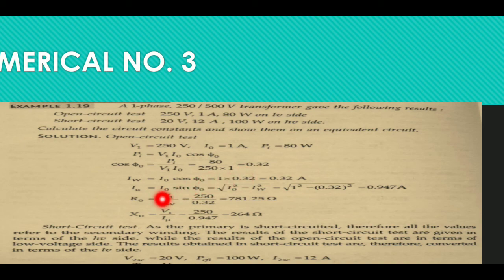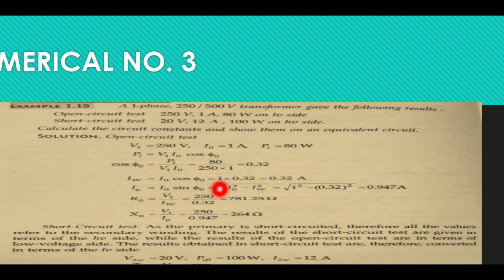So we know the parameters are IW, the working component, and I mu, the magnetizing component of current. Both are components of current. R0 is the resistance of the core and X0 is the reactance of the core. So IW equals the active value of current, or the real part, the cos component of the current, that is I0 into cos phi 0.